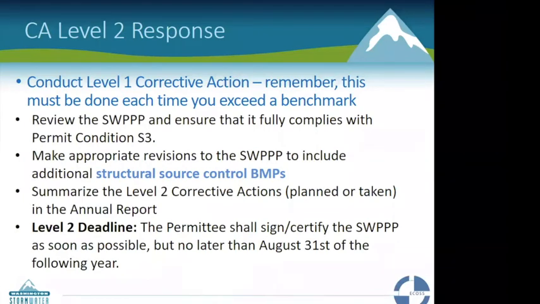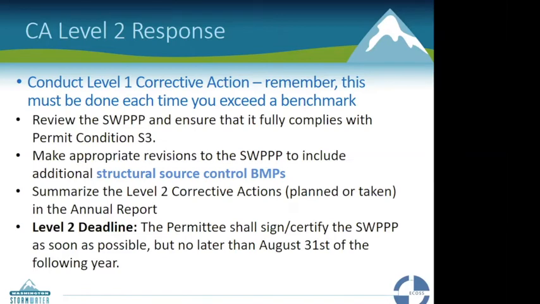So you've not only done the level 1 corrective action, which are operational BMPs, but you're doing a level 2 for structural source control. And sometimes it can take time. If you have to build a structure, you may need the finances. You need to move things so that you can build it, those kinds of things. So you do have some time frame.